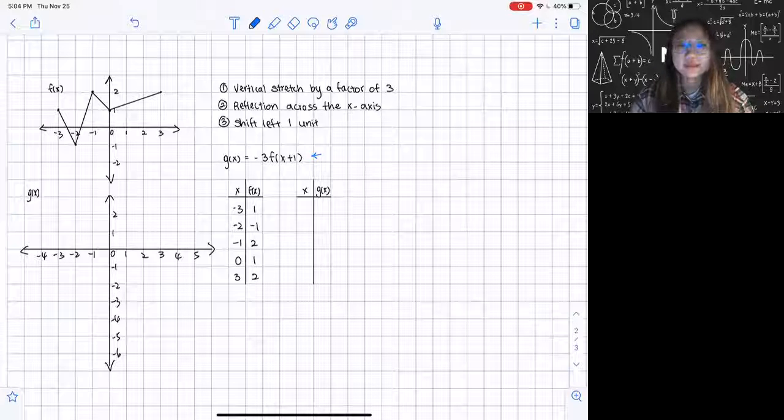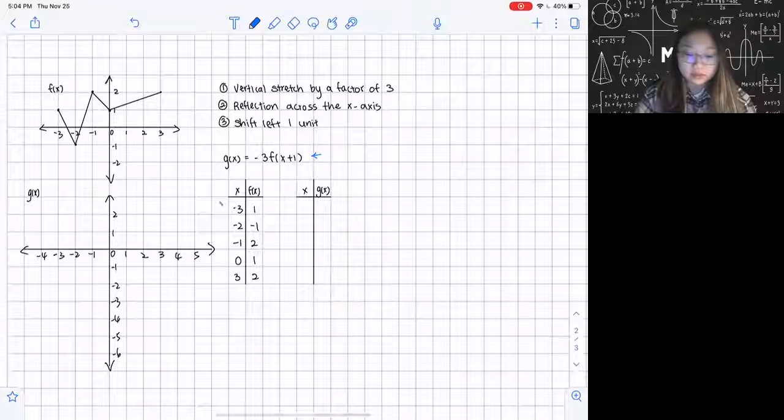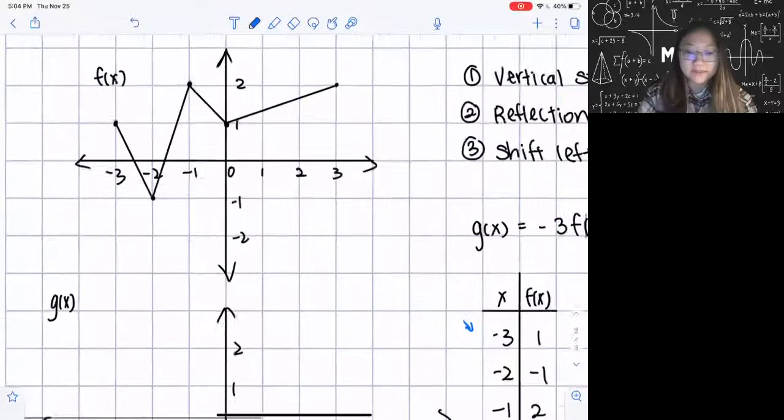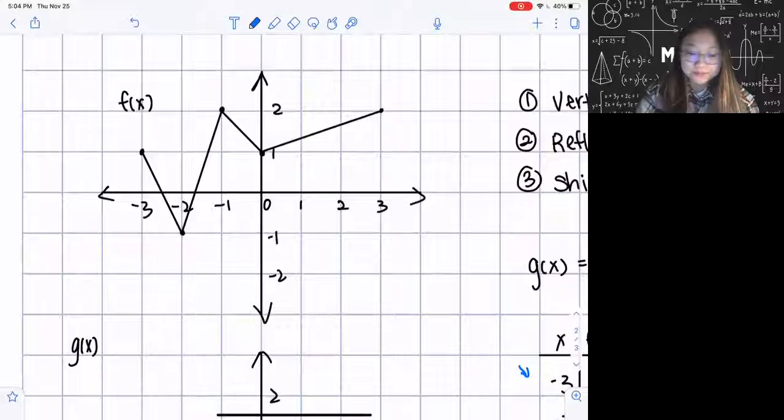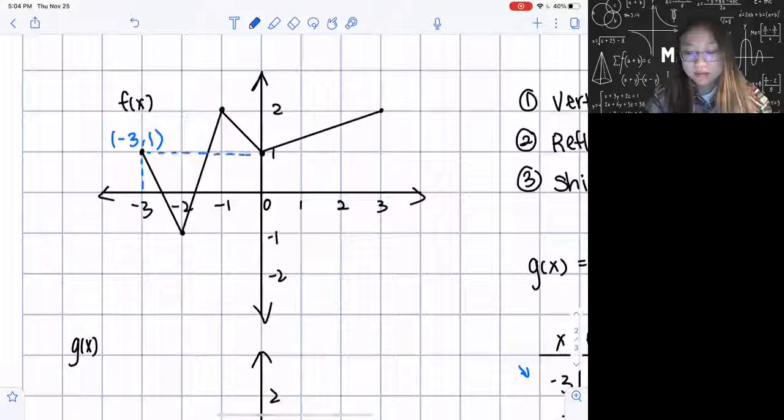And then how can I do the transformation on graphs? It's actually pretty easy and we can just use the method we use in charts. My first step is to see the coordinates for those major points, which I already gave you here, but let's practice, right? So this one is -3, 1. -3 is my x value and 1 is my y value, right?